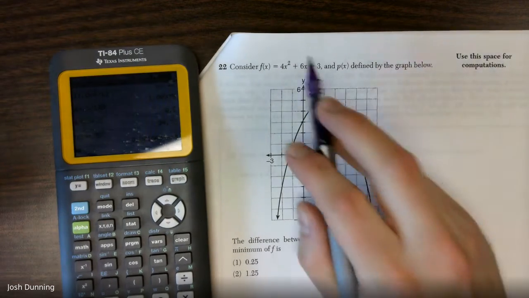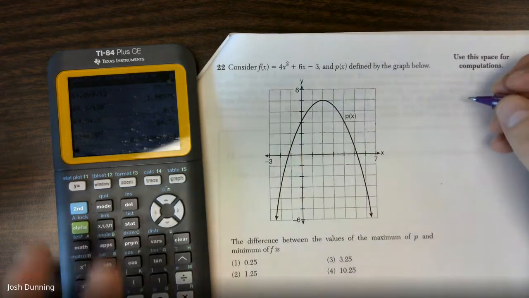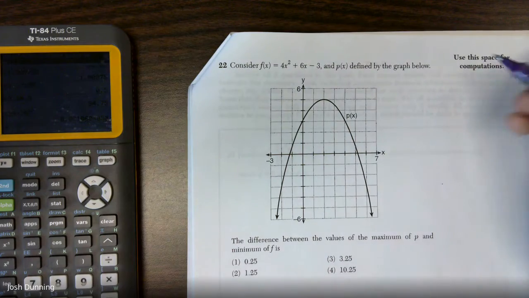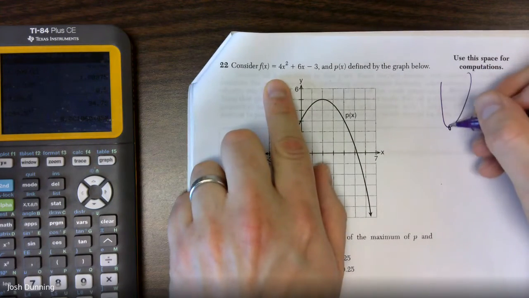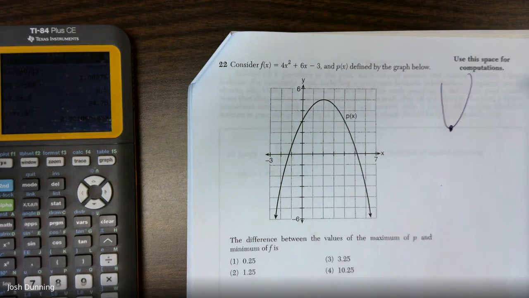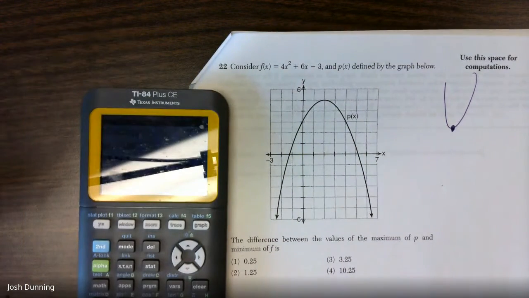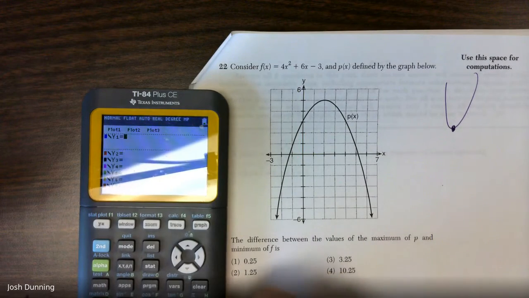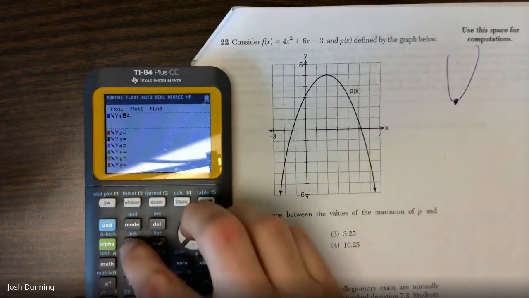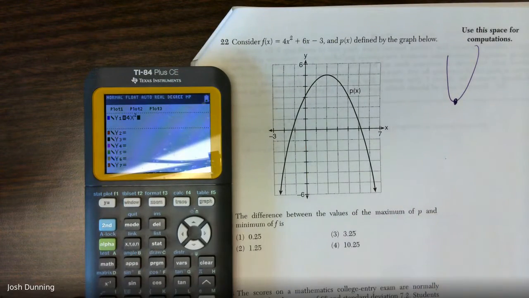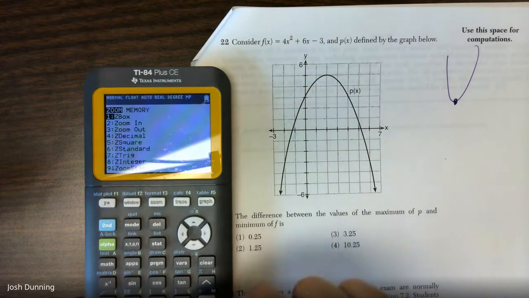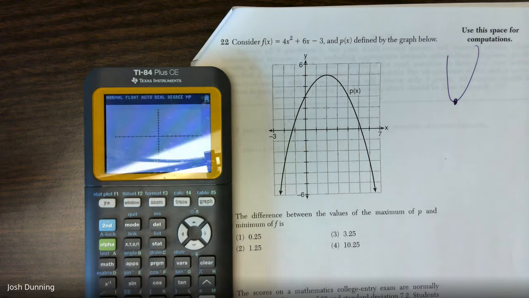Now, f is a polynomial. It's a quadratic. And it opens upright because this is positive. So that means if we type this into our calculator, 4x squared plus 6x minus 3, change my zoom back to standard here and see what we got.